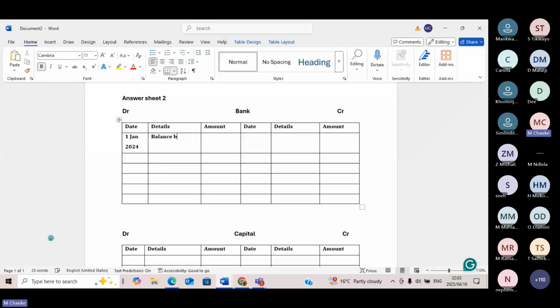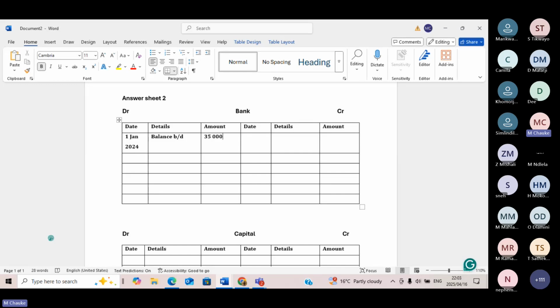It's going to be balance brought down, and it means opening balance 35,000. Number one, that's how you start. Are you with me? So you're going to say balance brought down 35,000.